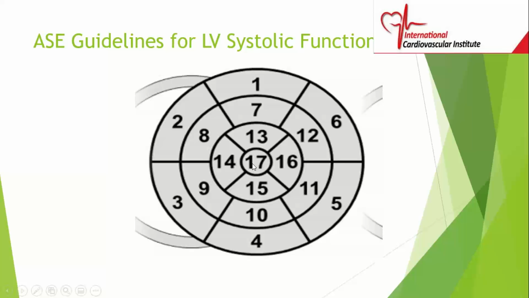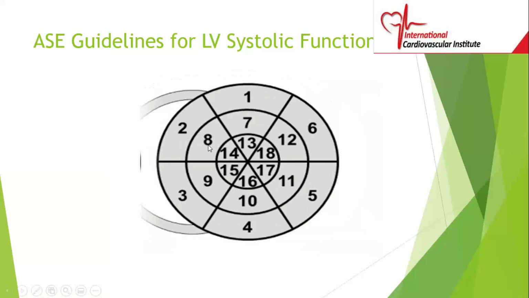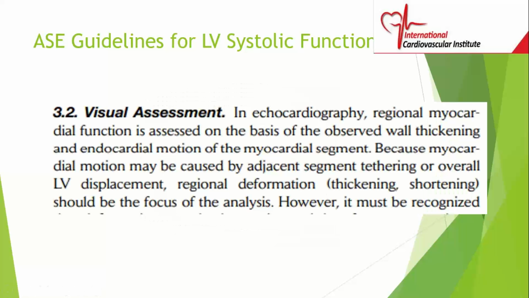And then the apex itself is right there, same as before. The mid segment at the papillary muscle level, and we went over the naming of that. And then the base, at the level of the mitral valve, similar naming. We don't really use this 18 segment model, but there is one. All right.